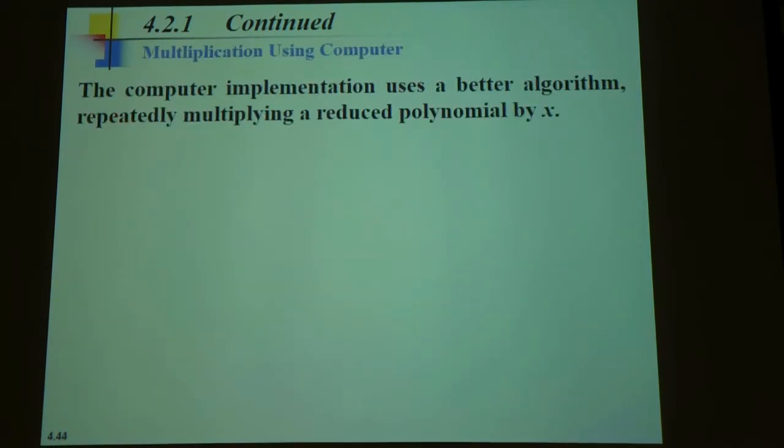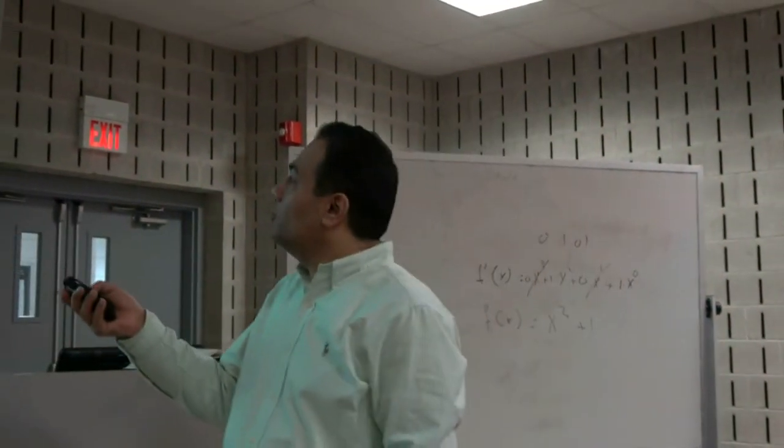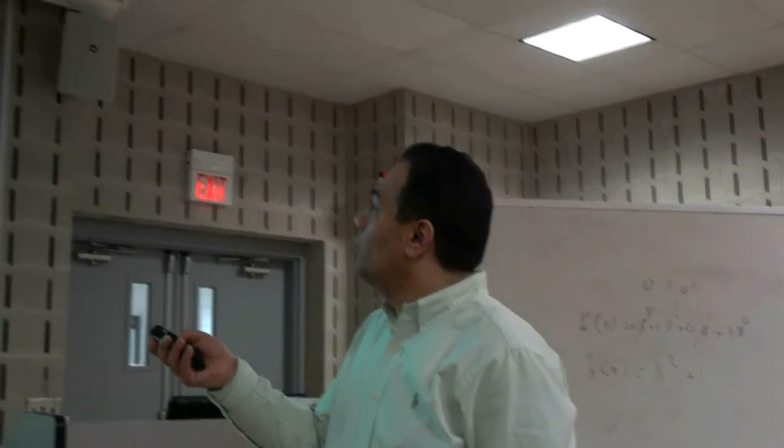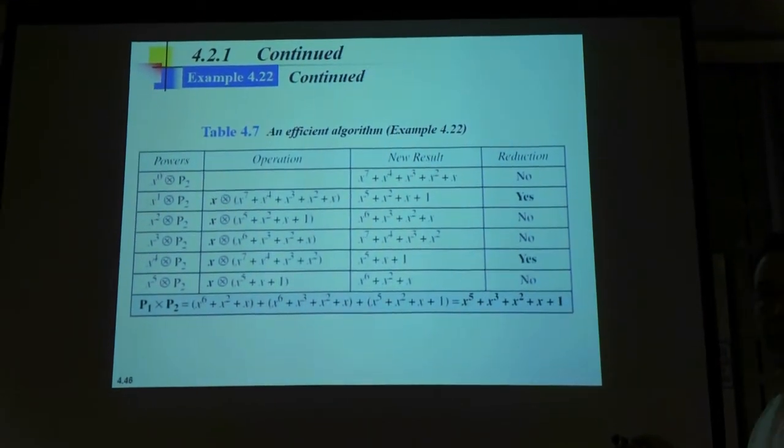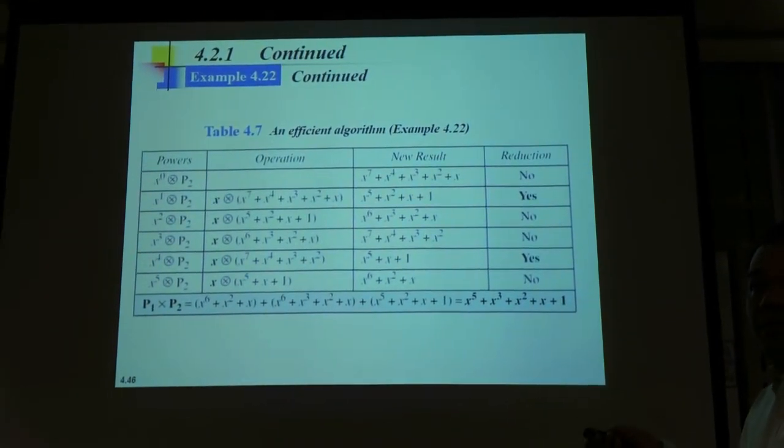Alright. So, multiplication using a computer. Now, to multiply in a computer, usually you have to write code for it. So for example, if I need to multiply this by this, usually I multiply this by this. The way to do it is we build a database, like a table in the program.